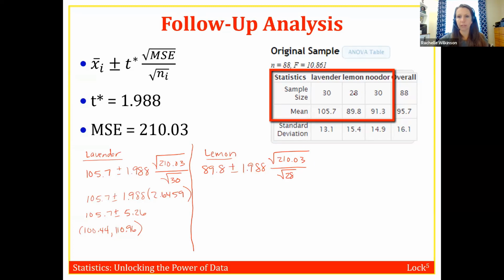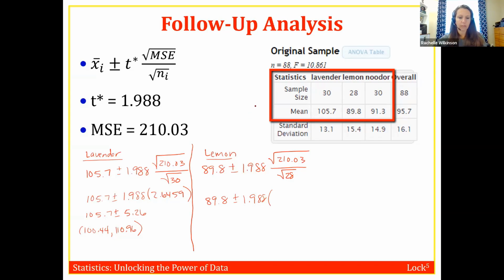The sample size for lemon was 28. So 210.03 divided by 28, then I square root that number.